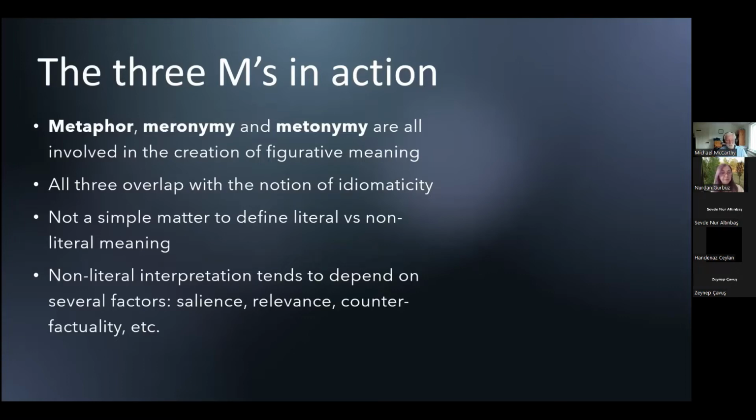It is counterfactual. But all these factors work together. It's not just one of them. Something can be salient without being non-literal. It can be irrelevant without being non-literal, and it can be counterfactual without necessarily being non-literal. It could just be, again, a lie.